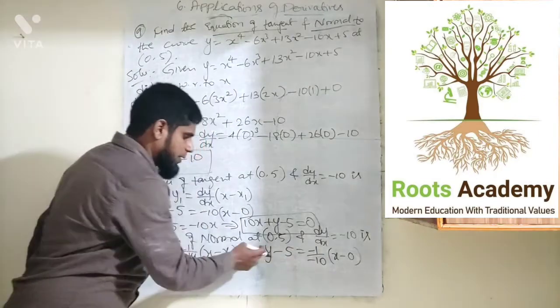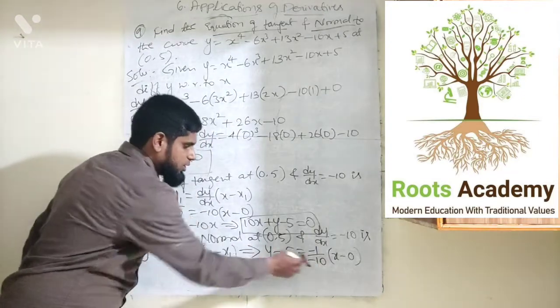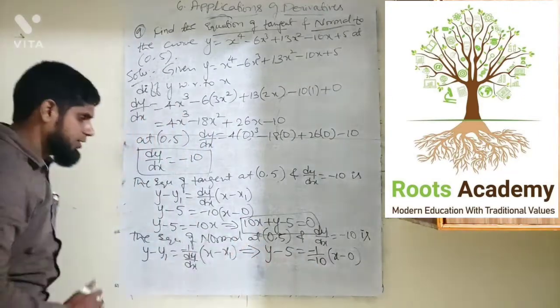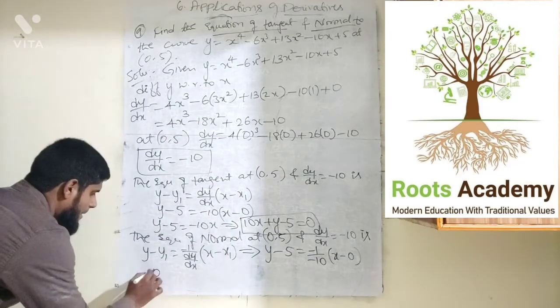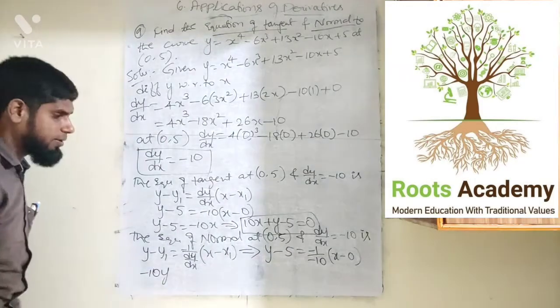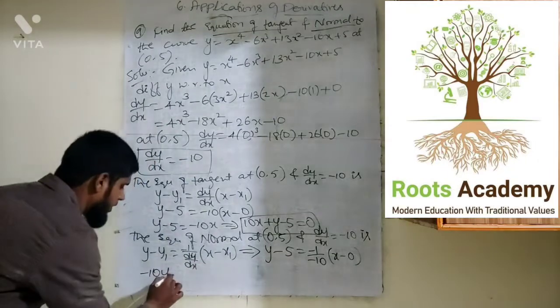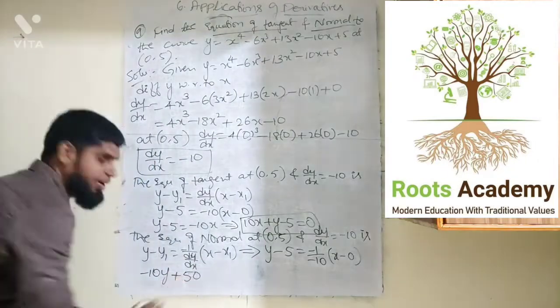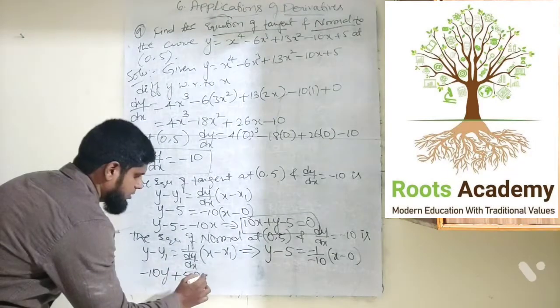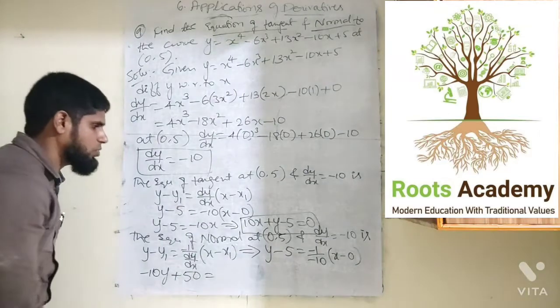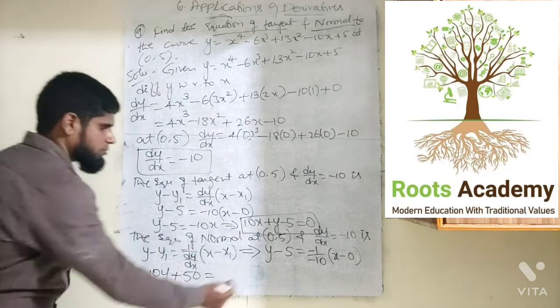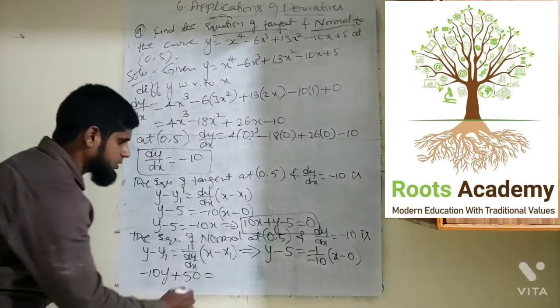If I do the cross multiplication of this minus 10 to the left hand side, this becomes minus 10y, minus into minus plus 10 fives are 50, is equal to minus x.